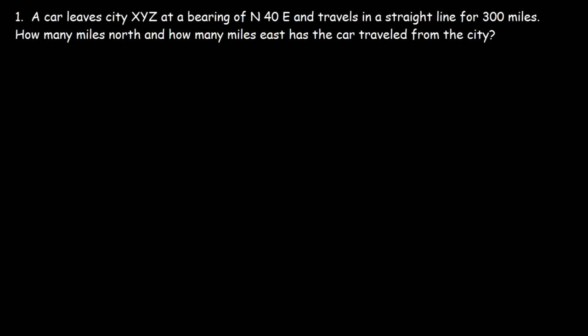Let's work on some word problems. A car leaves city XYZ at a bearing of north 40 degrees east and travels in a straight line for 300 miles. How many miles north and how many miles east has the car traveled from the city? So let's say this is city XYZ.